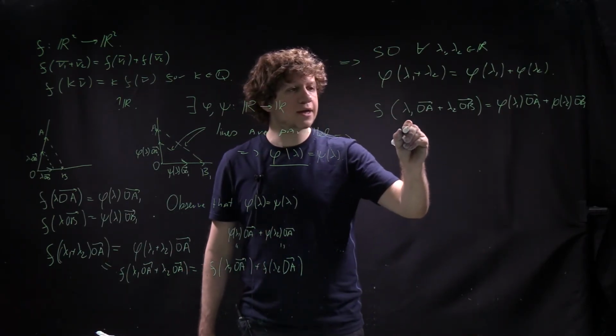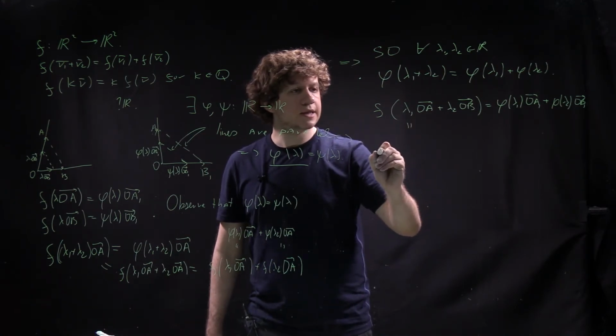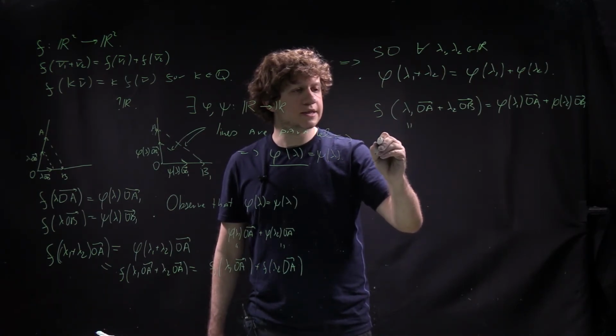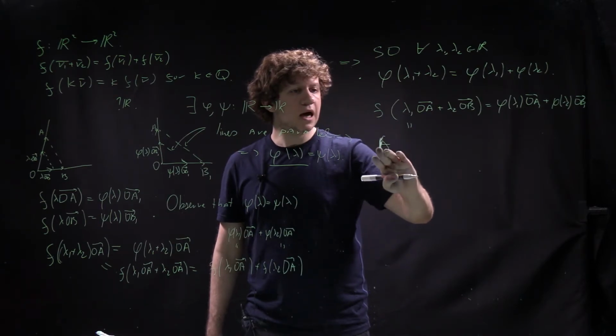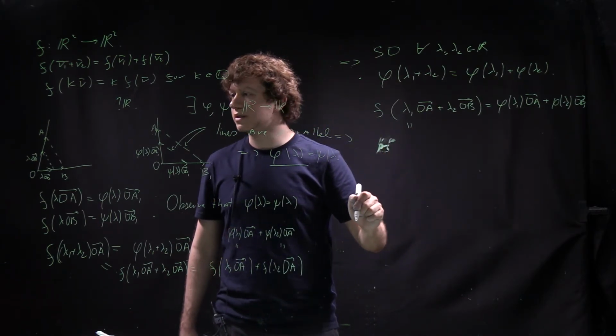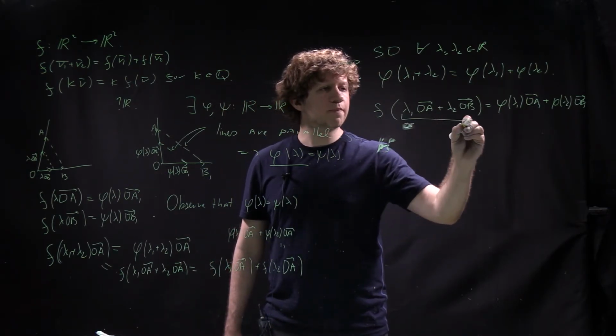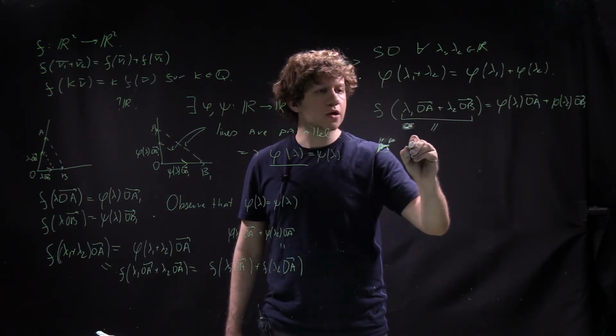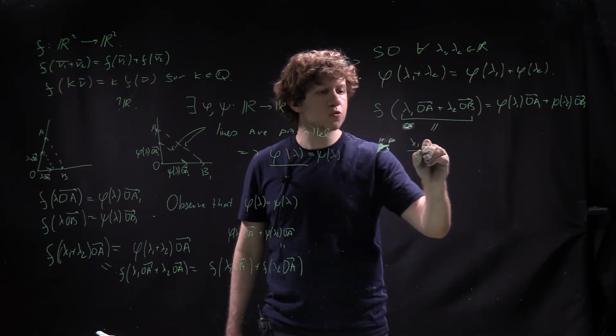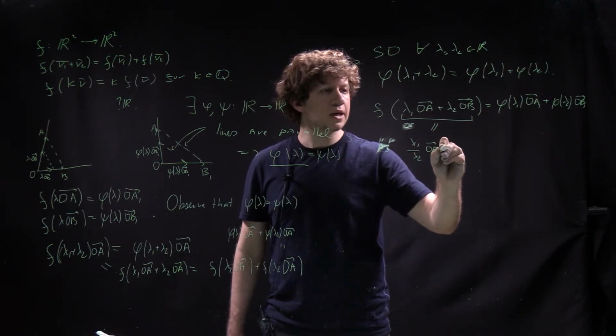But on the other hand, I can rewrite it noticing that this vector is parallel to the vector lambda 1 over lambda 2 OA plus OB.